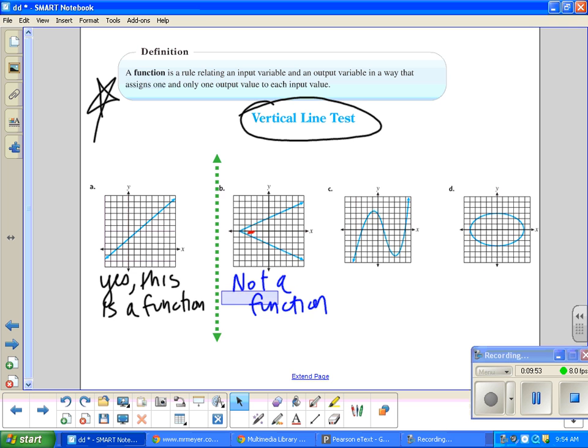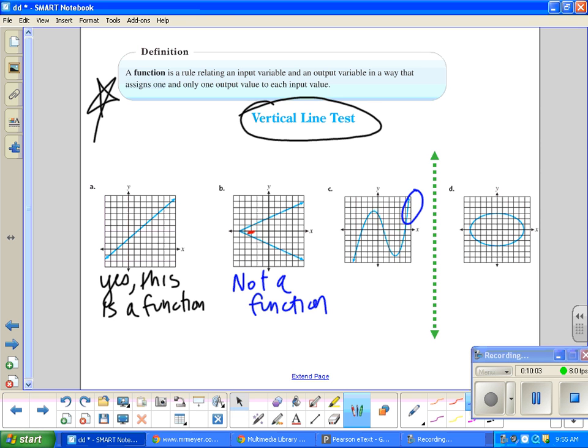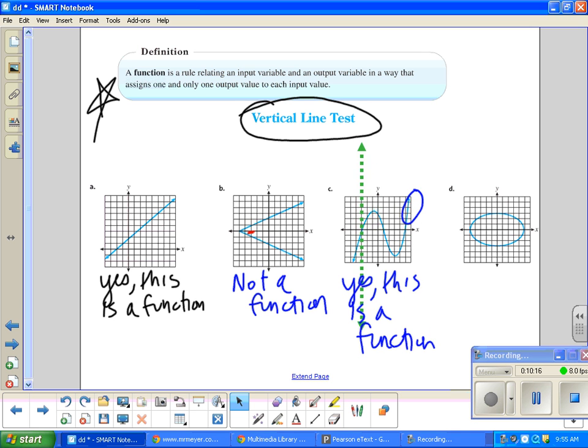I'm putting my vertical line through the test for C, and even though C gets quite steep here towards the end, it's not a vertical line, so this is going to be a function. Everywhere I run my vertical line, it only hits the relationship once at a time. D, a circle. Circles never pass the vertical line test, so this is not a function.